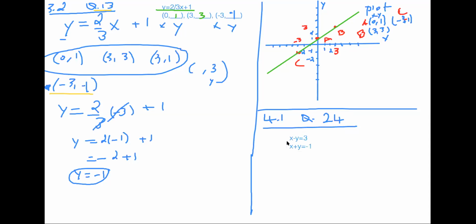So that's a system. We have two equations, not just one. So this makes what we call a system of two equations. So we want to solve this by graphing. That means we need to graph both lines.